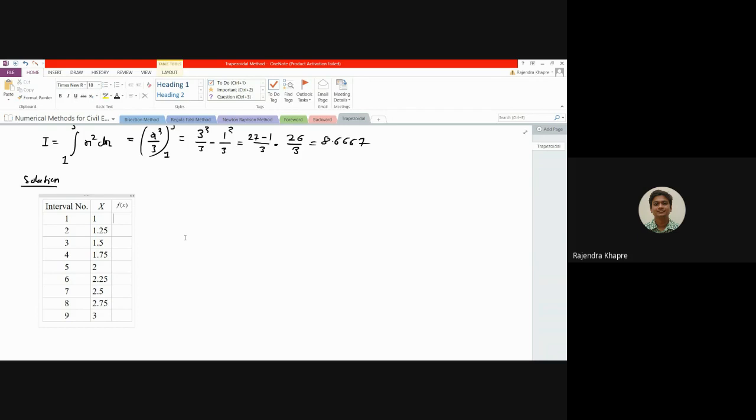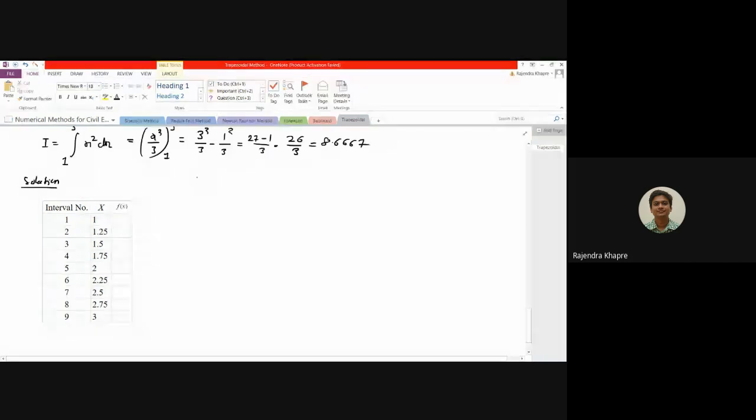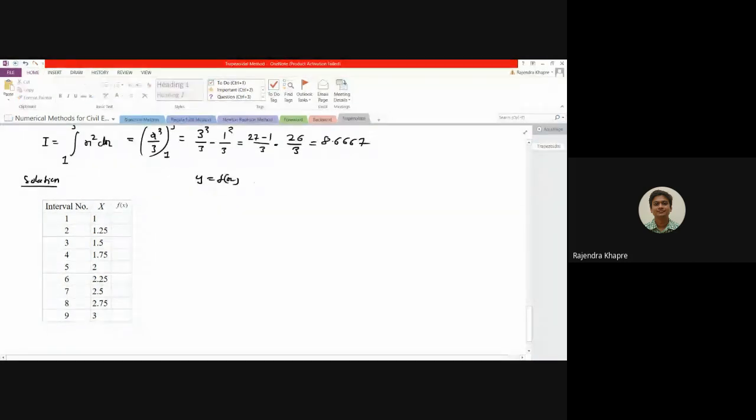Here it is quite simple, I suppose, because y is nothing but a function of x, and here the function of x is only x square.